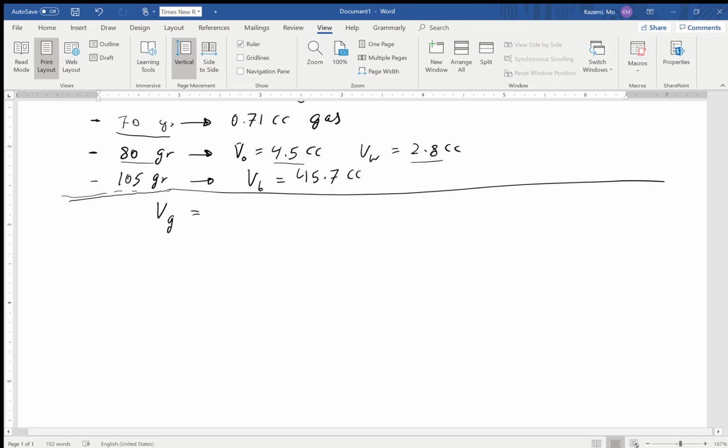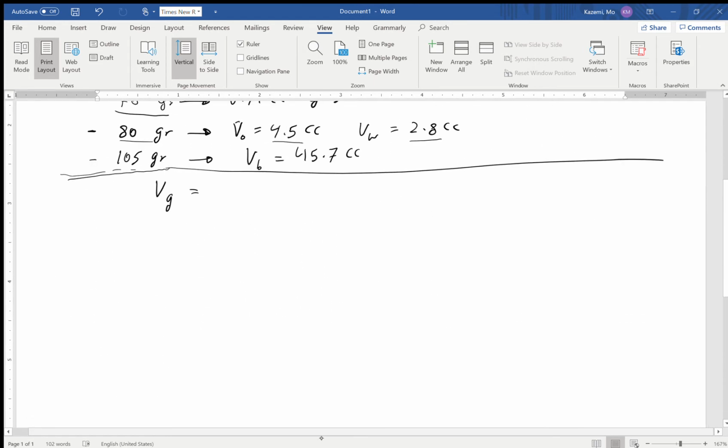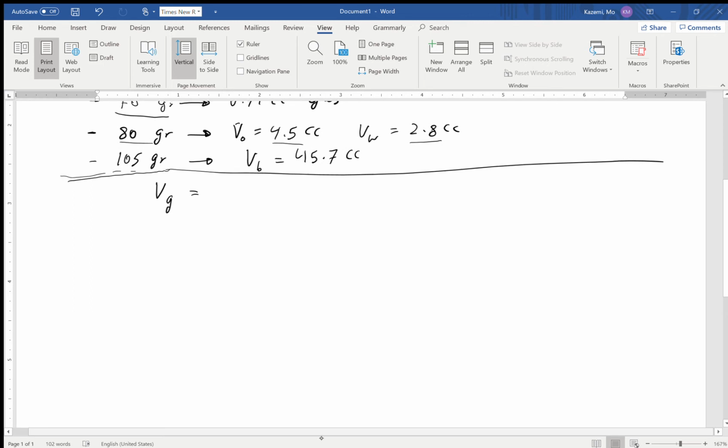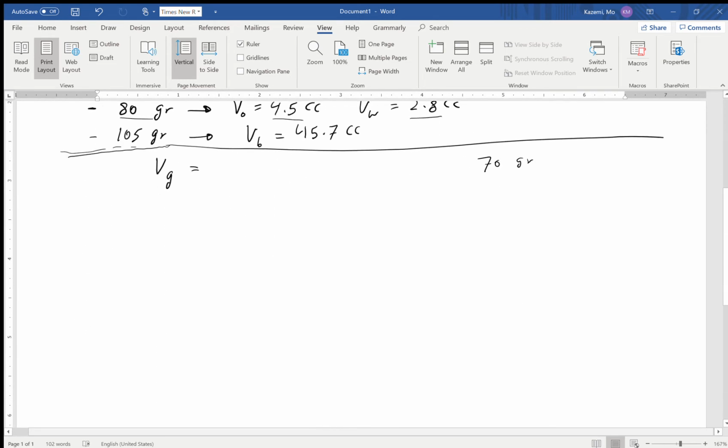So remember, you can say that if 70 gram of the sample has 0.71 cc gas, right? Then 100 gram of the sample contains how much volume of the gas, right?